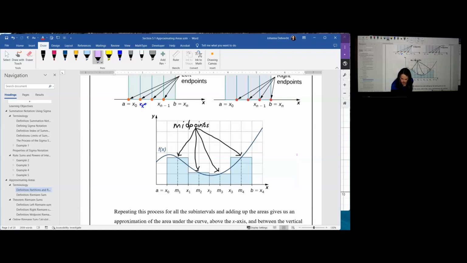The first subinterval here goes from here to here, meaning the first box is the one now outlined in blue. And the second box is this one. Notice that they are using the middle of each subinterval to compute the height of the box.